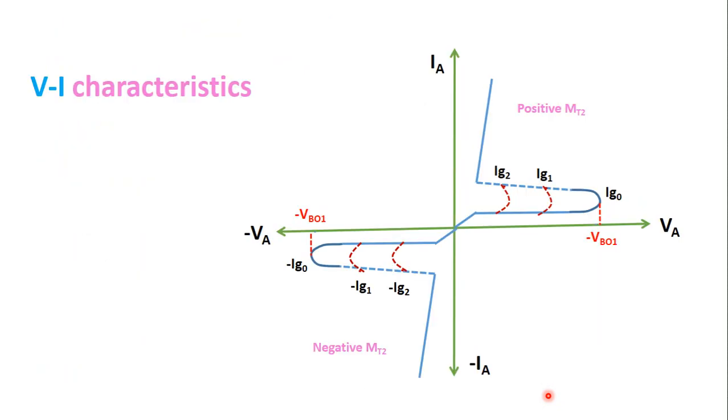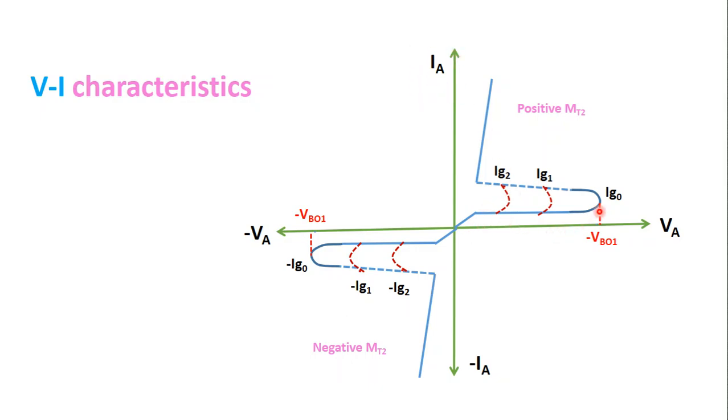Now let us see the VI characteristics of the triac. These are the VI characteristics of the triac, which are similar to the characteristics of the SCR, but the characteristics are drawn for both positive MT2 and negative MT2 in the negative direction. This voltage VA is the anode voltage, which is the voltage across the triac, and IA is the anode current, which is the main current through the triac.